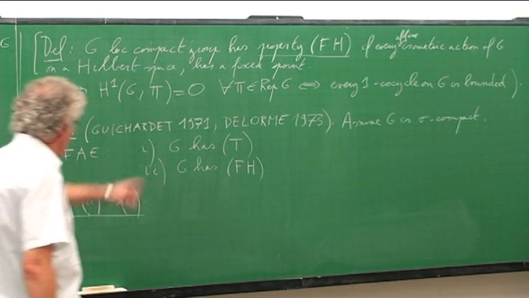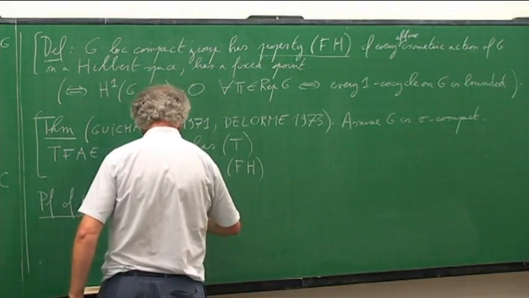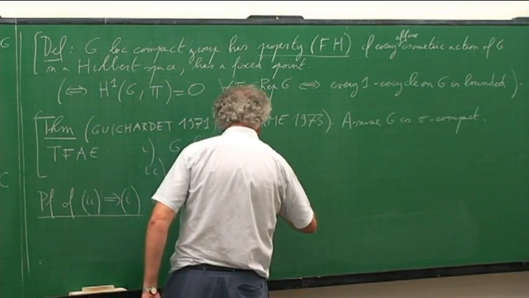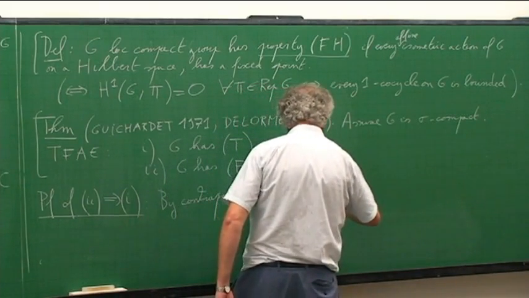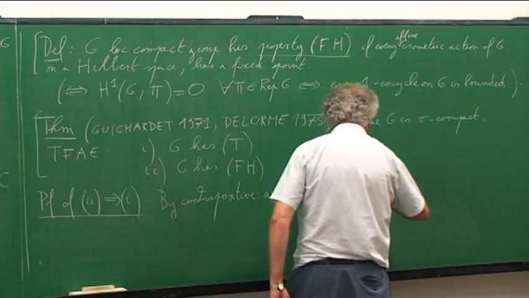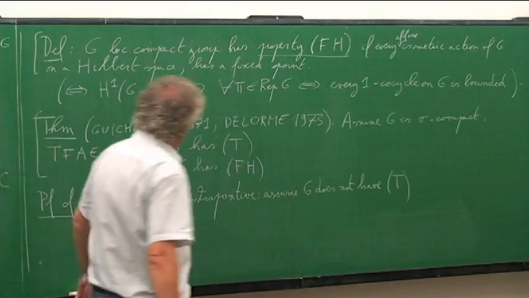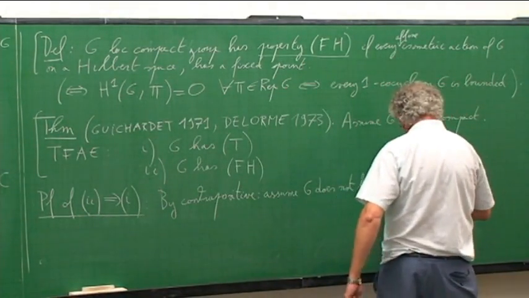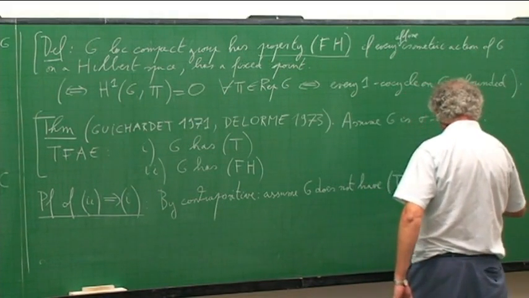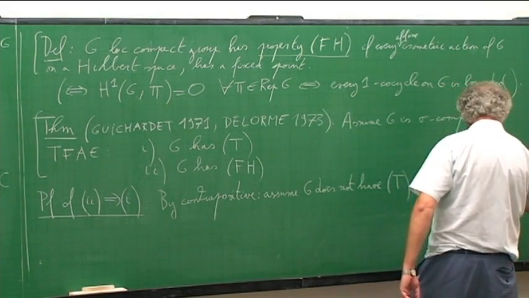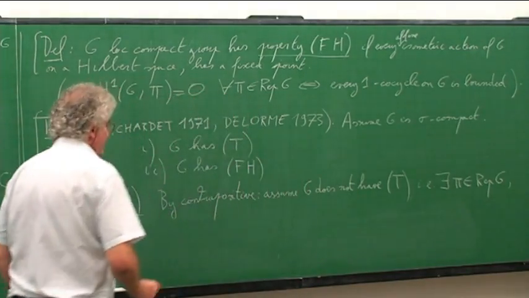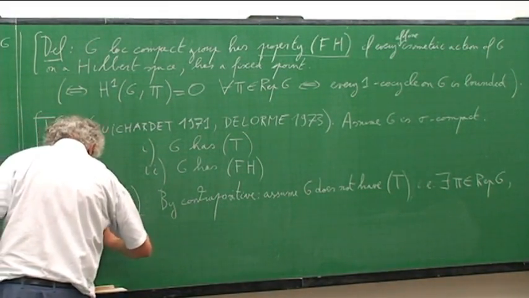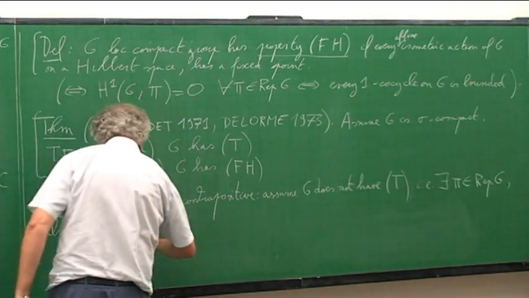Assume that G does not have property T. So this means there exists some unitary representation π of G almost having invariant vectors, but no invariant vectors.